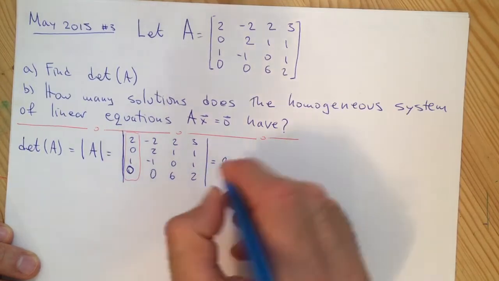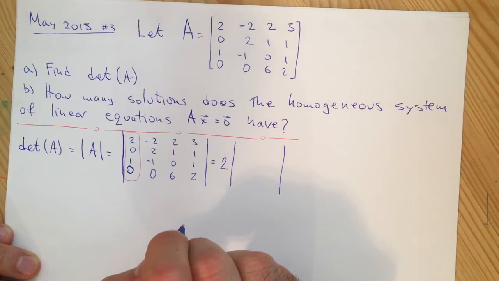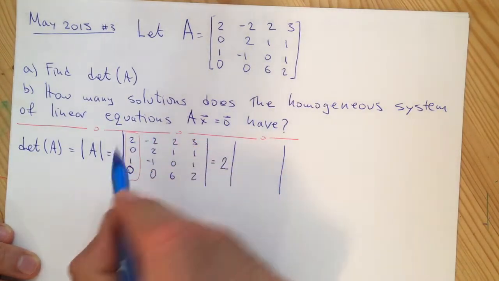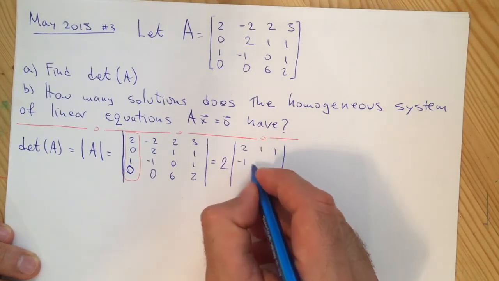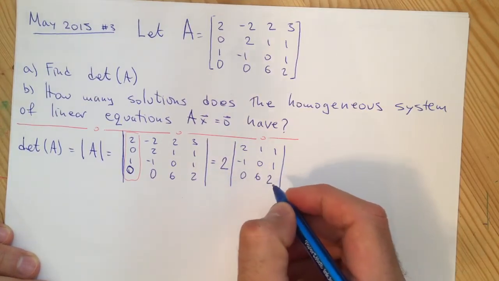So I have 2 times the determinant of the submatrix created how? When I'm going to delete the row and the column where this entry appears. So I'm left with 2, 1, 1, negative 1, 0, 1, 0, 6, 2.